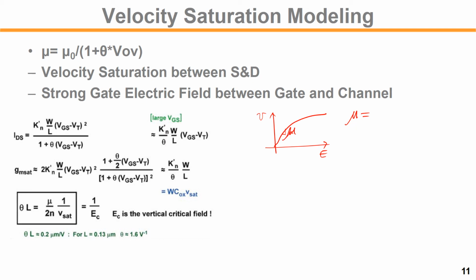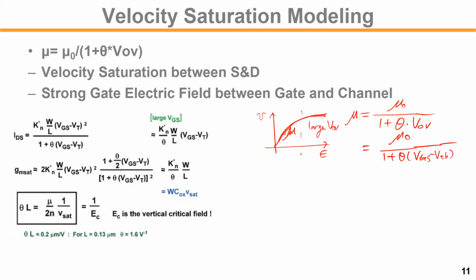The slope was the mu, which saturates for large V overdrive. So we can say that mu equals mu 0 over 1 plus theta, some proportional factor, times V overdrive. So mu 0 over 1 plus theta (VGS minus VTH).